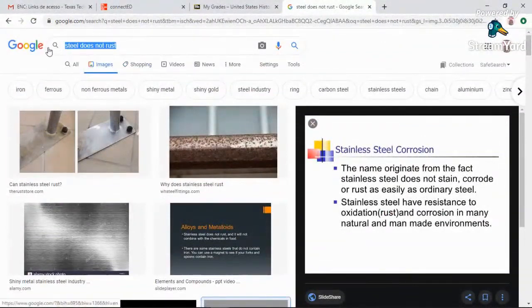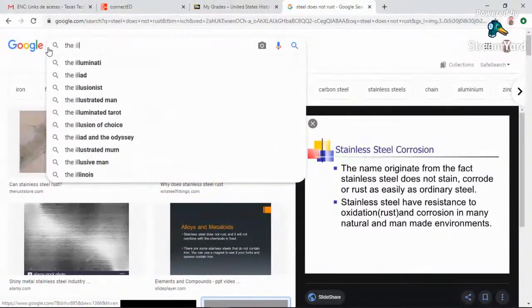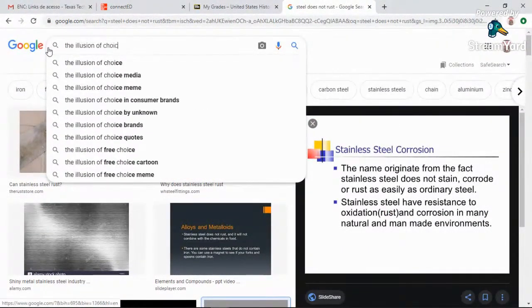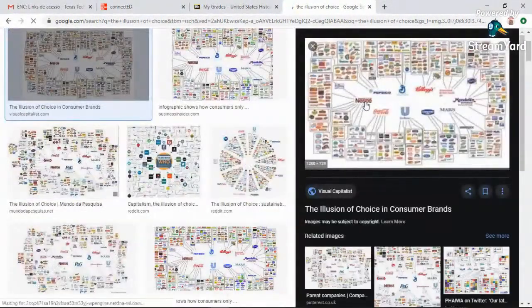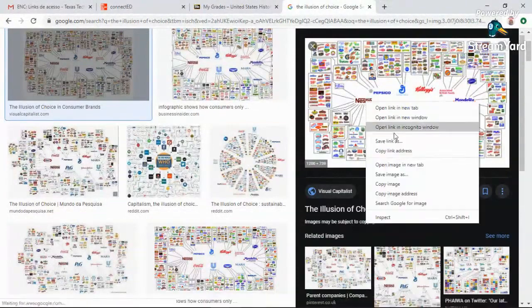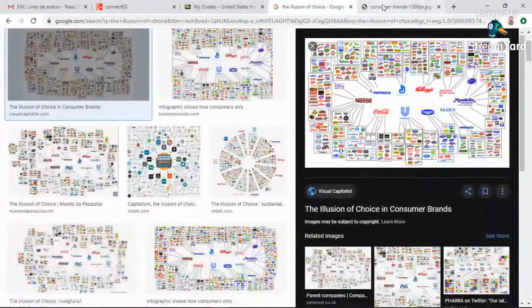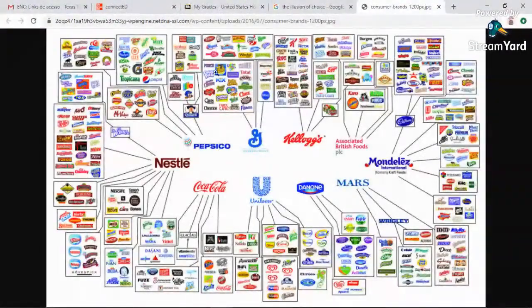So, one thing you can see here, I like this graphic, the illusion of choice. It looks like we have so many companies, but really they're all kind of owned or controlled in some way by these big companies here.